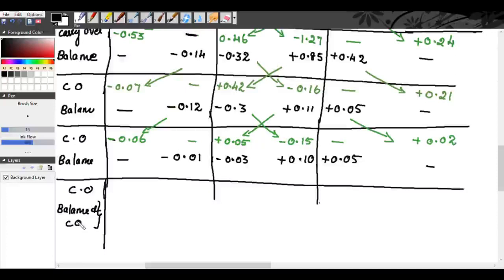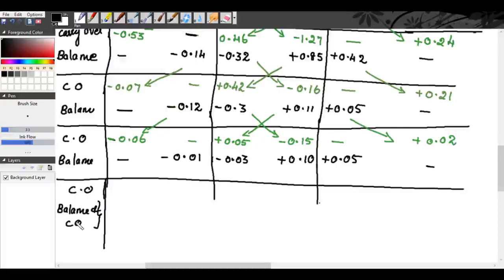Now there is no rule in the number of iterations. As you increase the number of iterations, our solution will be more accurate. You can stop with 2 iterations, you can stop with 3 iterations, but then the accuracy of your answer will be reduced.